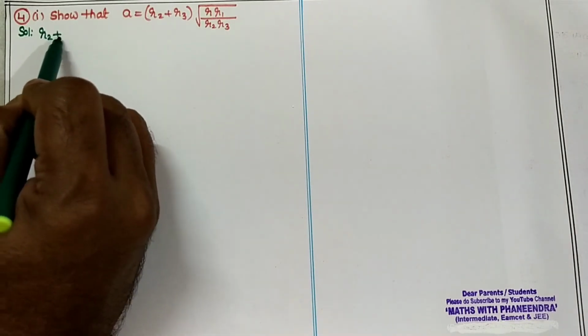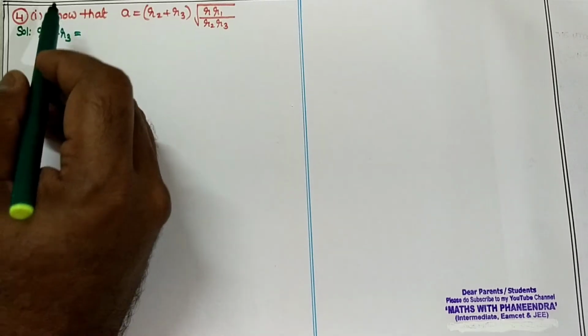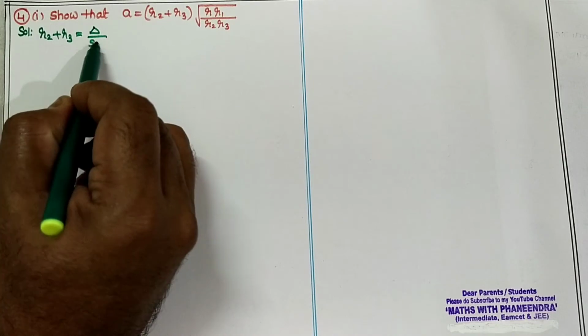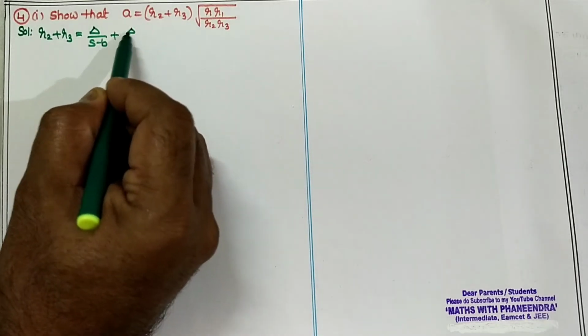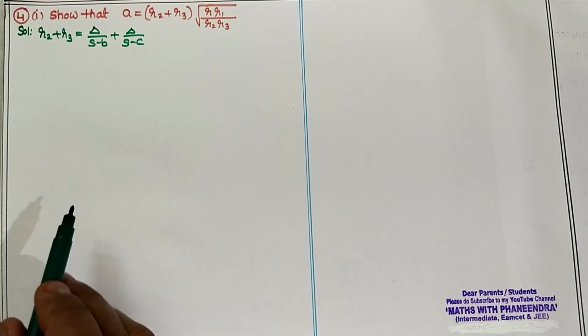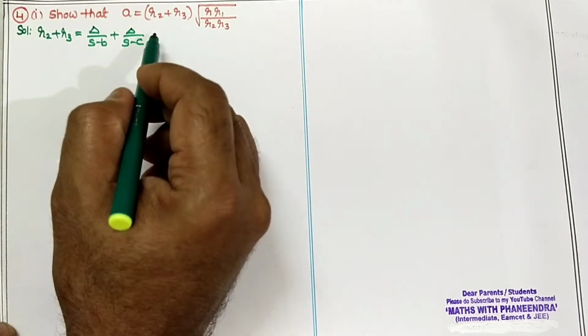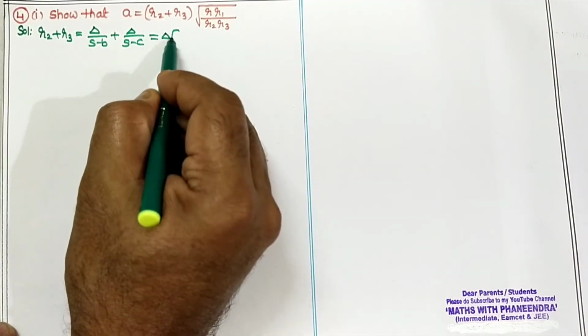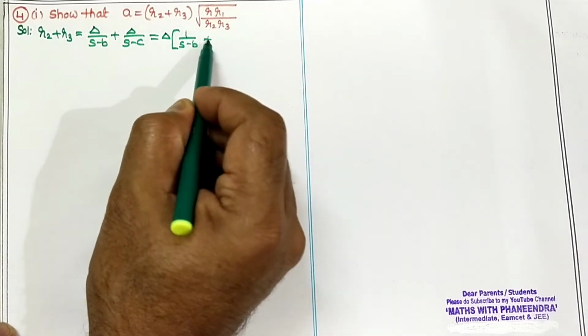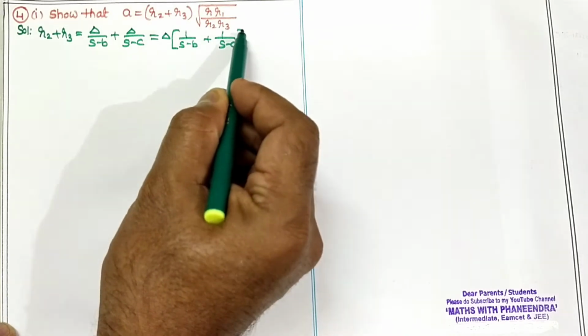Consider r2 plus r3. The value of r2 is delta by s minus b, plus r3 value is delta by s minus c. Now take LCM, delta take common. The remaining terms 1 by s minus b plus 1 by s minus c.